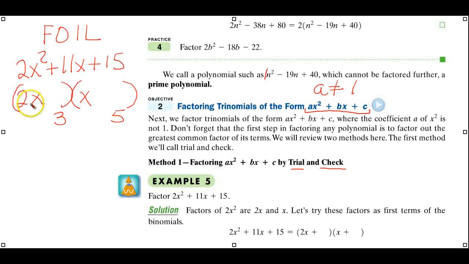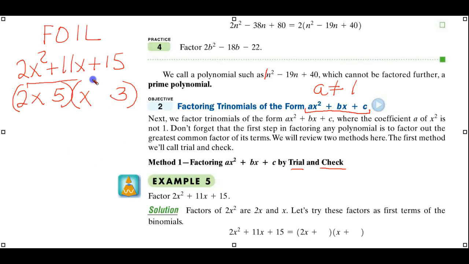Now doing so, our outers would be 10. Our inners would be 3. That would add up to 13. So that's not going to work. So again, trial and error, trial and check. How about putting the 5 there and the 3 there?